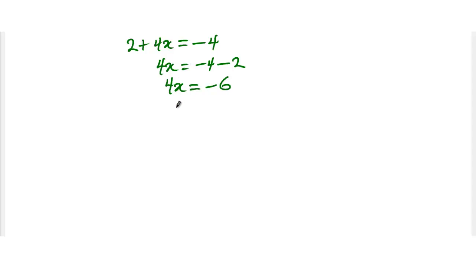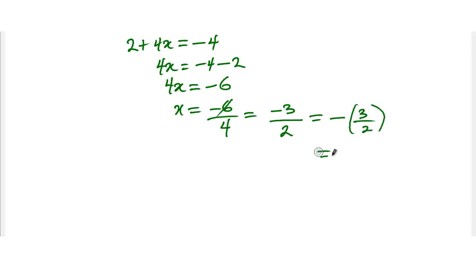So to get the value of x, we divide both sides by the coefficient of x. So we have x will now be equal to minus 6 over 4. So what is minus 6 over 4? 2 in minus 6, that is minus 3. Then 2 in 4, that is 2. So we have minus 3 over 2. So this can be written as minus, in brackets, 3 over 2. So let's close our eyes to the minus.